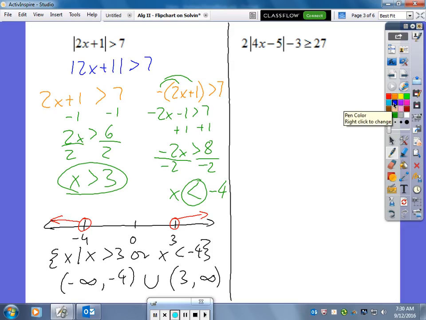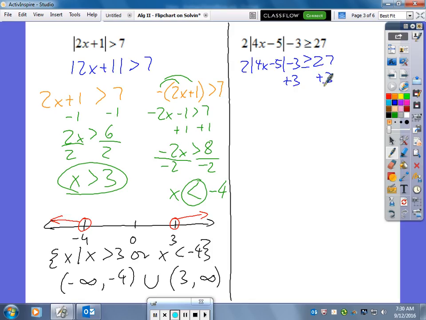So as we can see here, actually the absolute value portion has to be isolated first. So let's go ahead and do this. And remember, from solving equations, first we have to get rid of our negative 3.